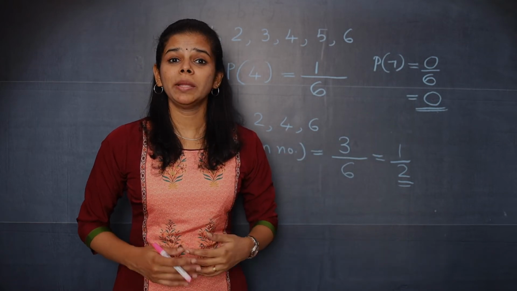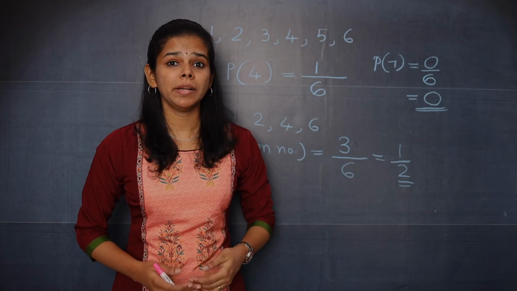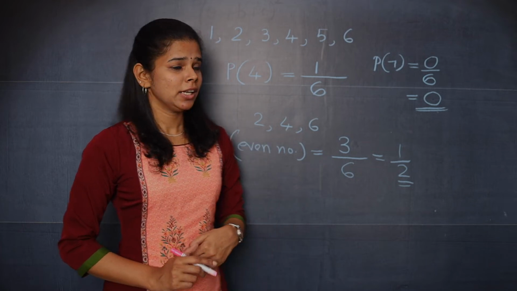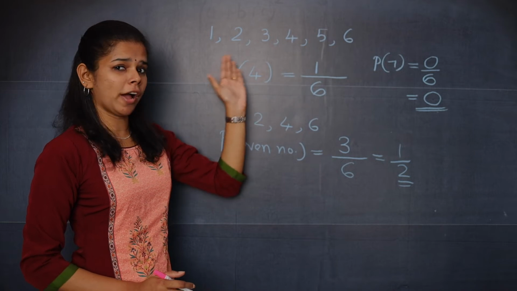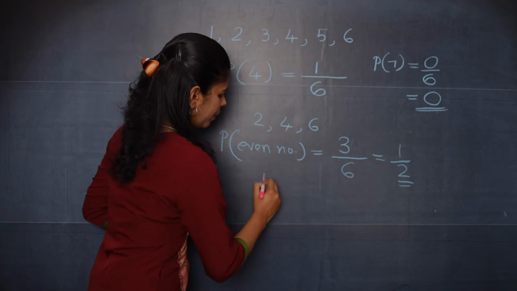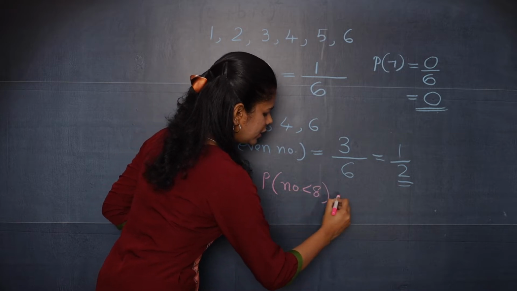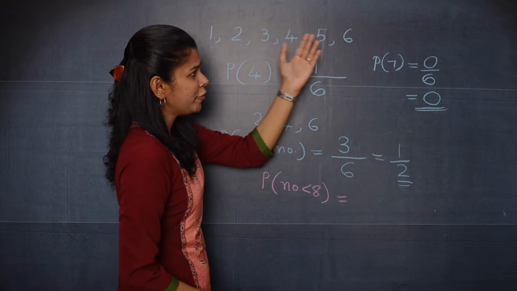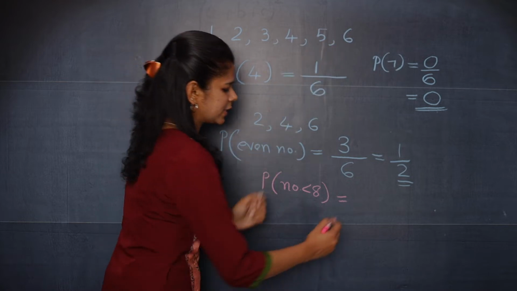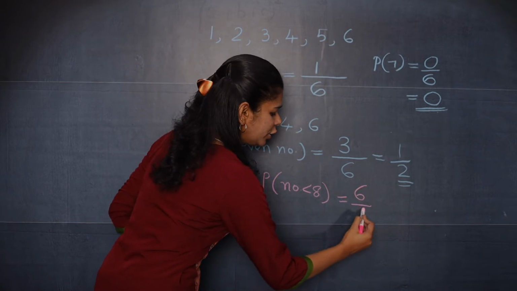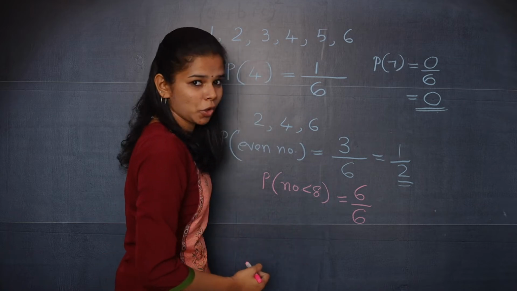What if you need to find the probability of getting a number that is less than 8? When you check numbers less than 8, you have all of these numbers here. So the probability of a number less than 8 is equal to the number of favorable outcomes, 6, divided by the total number of outcomes, that is also 6.